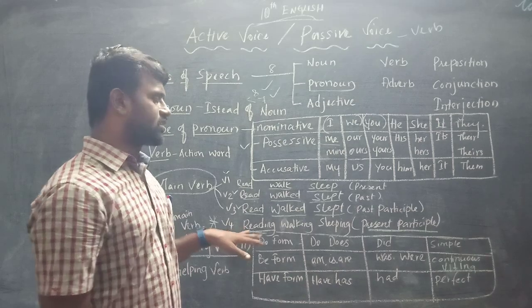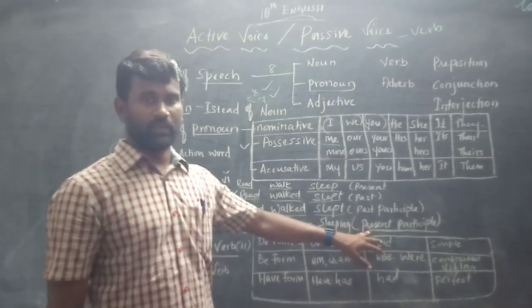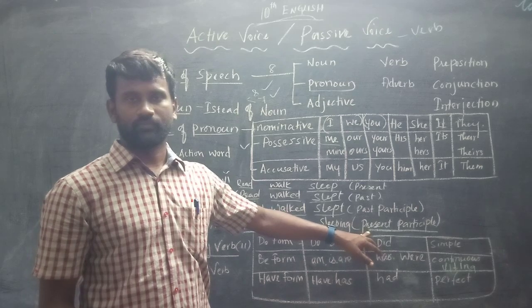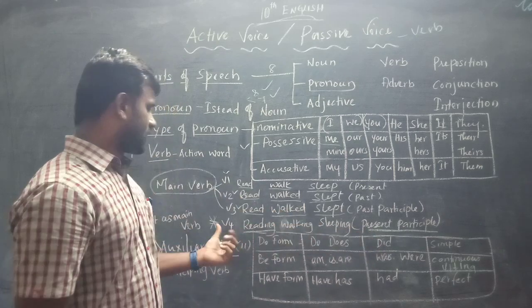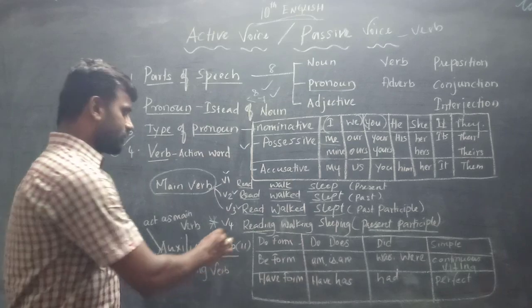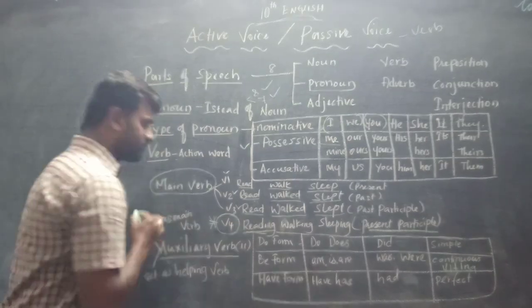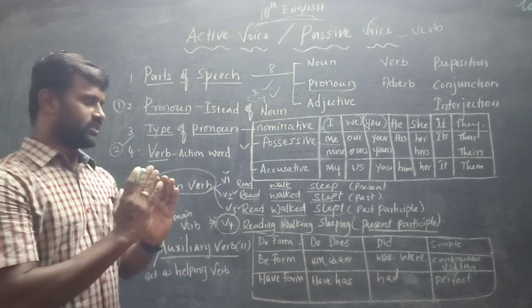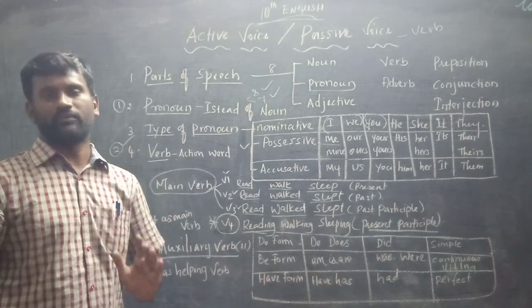So sometimes it is also called a participle, sometimes it is also called a gerund, which is another part of grammar. So verb 4 cannot be used as a main verb. It is apart from the main verb.